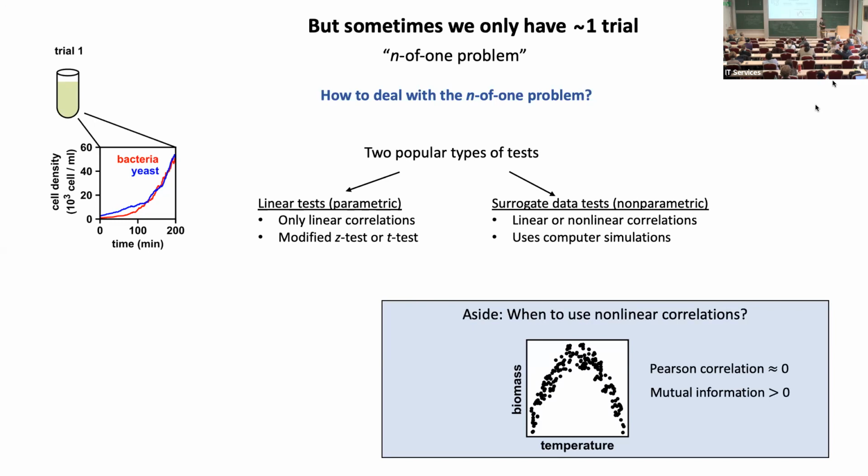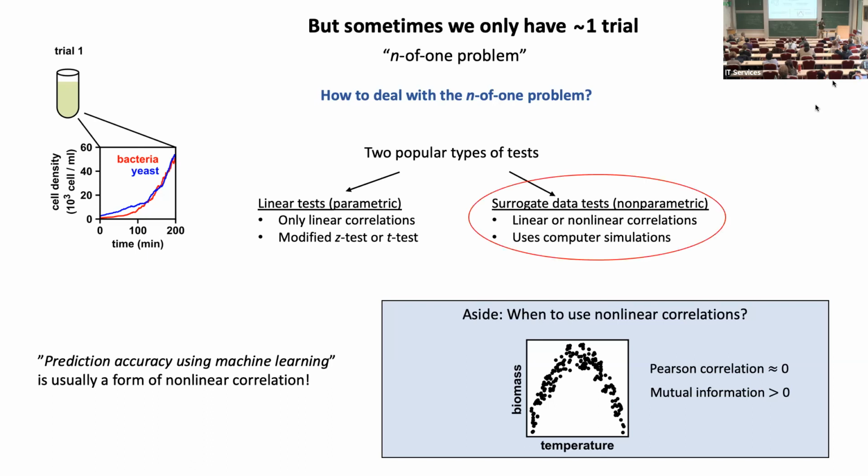So when we have important nonlinear structure in the data that would be difficult to capture through linear methods. By the way, if someone says, oh, this is the prediction accuracy using machine learning, usually but not always, that's a form of nonlinear correlation. Okay, so for that reason, we're going to focus on these surrogate data tests for the rest of the talk. We can totally talk about linear tests later, but for this talk, surrogate data.